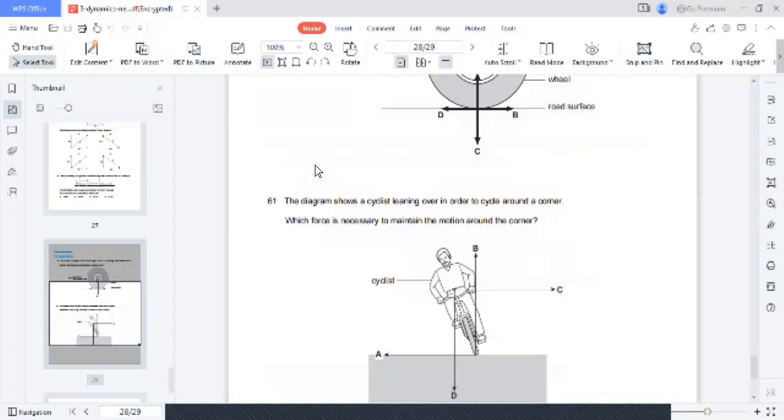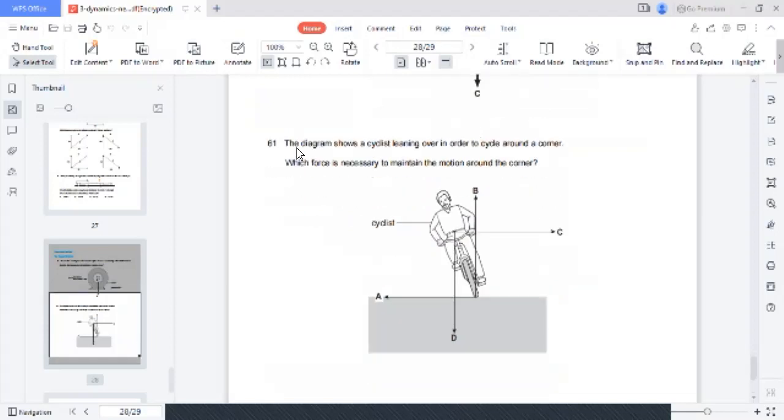The diagram shows a cyclist leaning over in order to cycle around a corner.